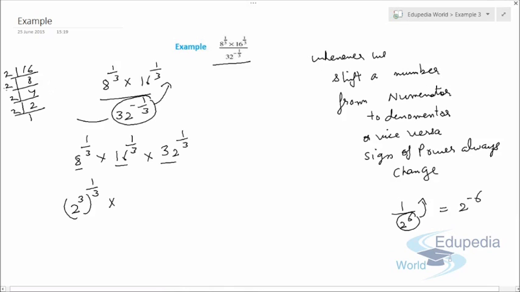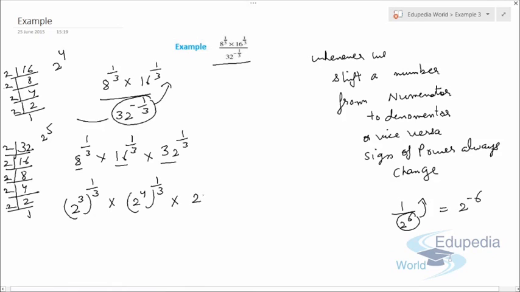So 1, 2, 3, 4. So it can be written as 2 raised to power 4, raised to power 1 by 3, into, now 32 can be written like this: 2, 16, 2, 8, 2, 4, 2, 2, 2, 1. So it's 1, 2, 3, 4, 5. So it can be written as 2 raised to power 5, raised to power 1 by 3.